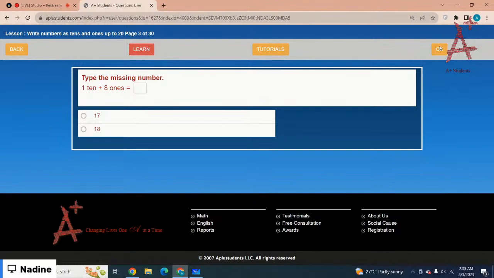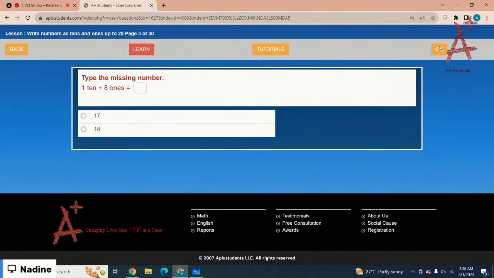Type the missing number. So which is the correct option? 1 ten and 8 ones. So which is the correct option? That means you have 8 at the rightmost position and then you have 1.